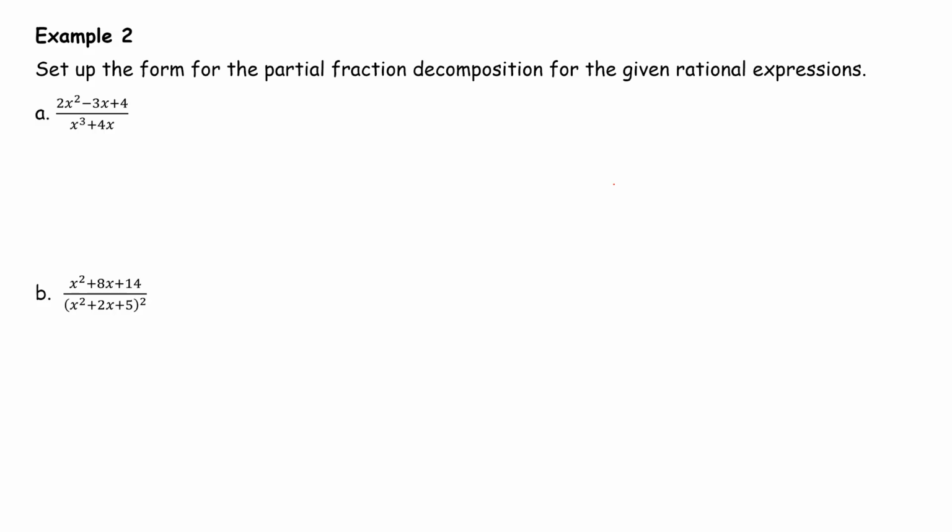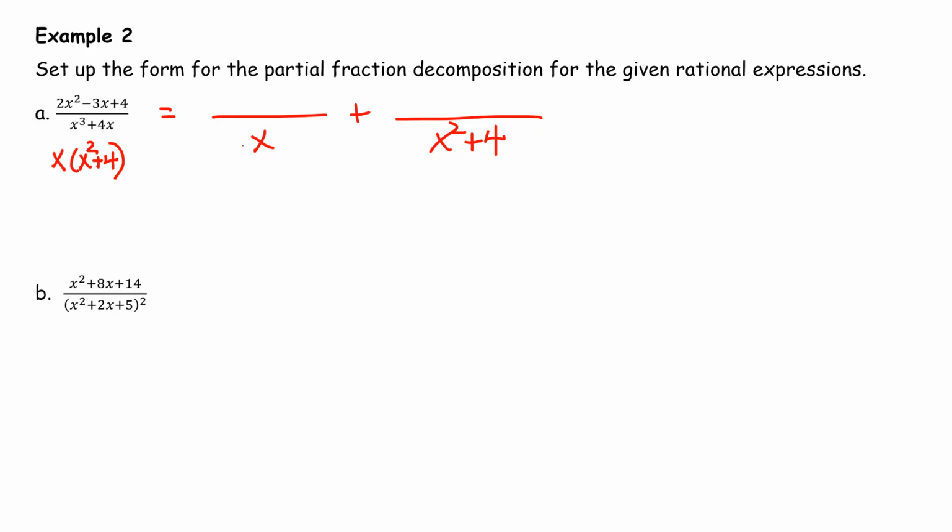Again, start out by checking to make sure that the degree of the denominator is bigger than the degree of the numerator, and it is. So now we're going to factor the denominator, so x times x squared plus 4. And now we write two fractions, because we just have two factors here, x and x squared plus 4.